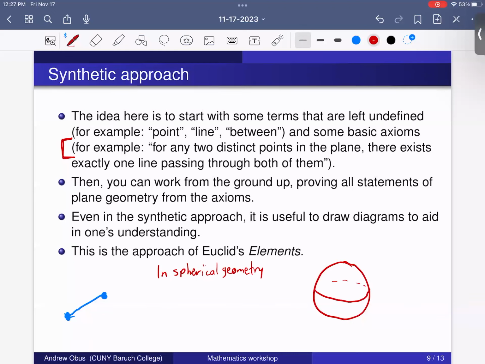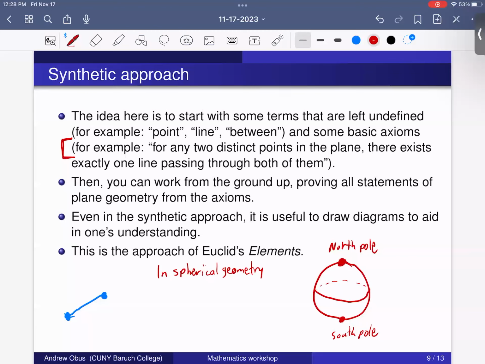It's the equator. And here's the North Pole. And here's the South Pole. Well, how do I draw a line from the North Pole to the South Pole? Well, when I'm on the surface of the Earth, I'm not drawing a line through the Earth's core. I have to draw a line on the surface of the Earth.